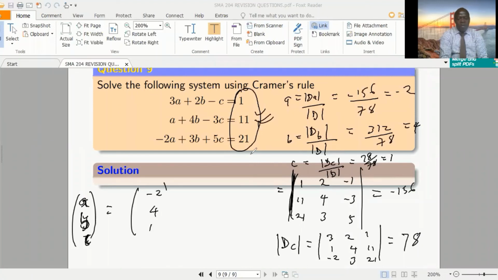This is the solution to the system. So this system has one solution. That is how we do this question using Cramer's rule.